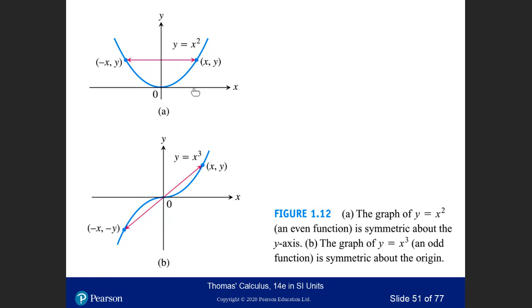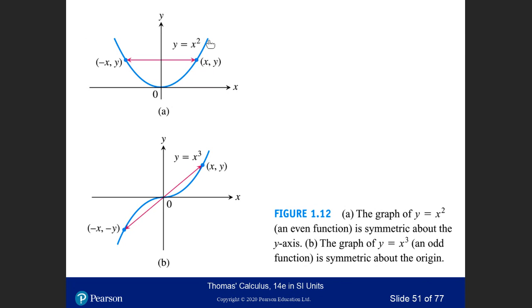Now, what are the intervals where these functions are increasing or decreasing? As you can see, for x less than 0, the function decreases. The function value goes down to 0. Now, in this portion, the function increases.